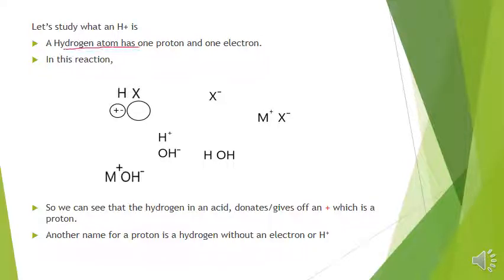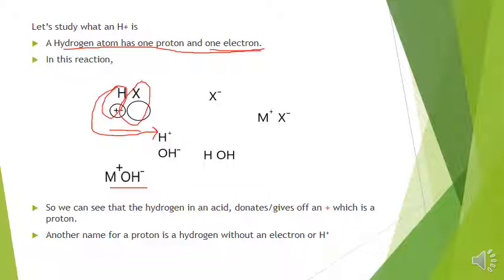Let's study what H plus is and how it relates to the reaction. A hydrogen atom has one proton and one electron. We can learn that from the periodic table. It has atomic number 1, and usually the number of protons equals the number of electrons unless it's an ion. So in this reaction, you have your acid HX that will combine with your base. The X takes away that electron and releases the H plus.